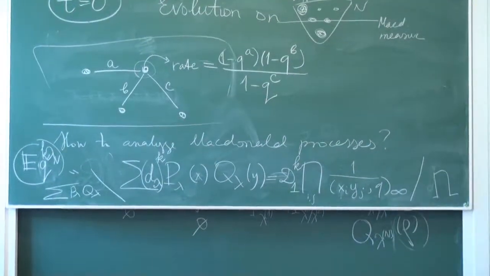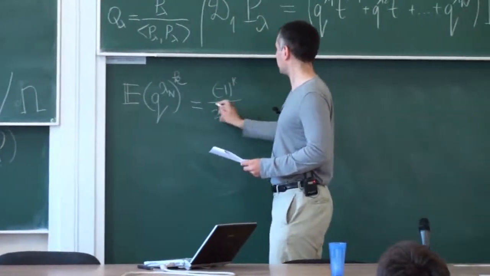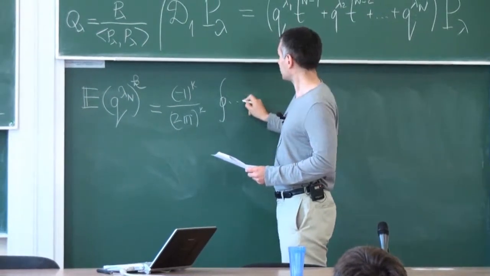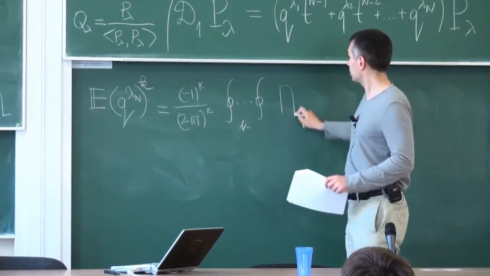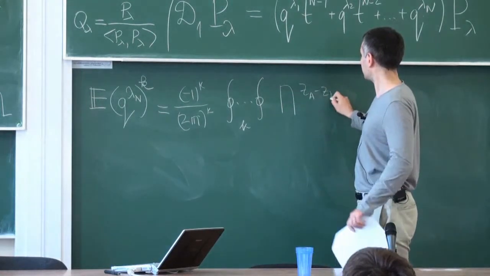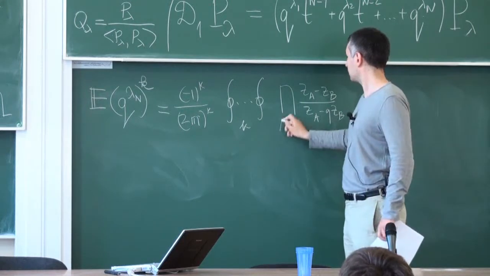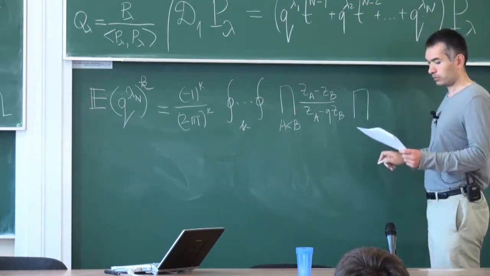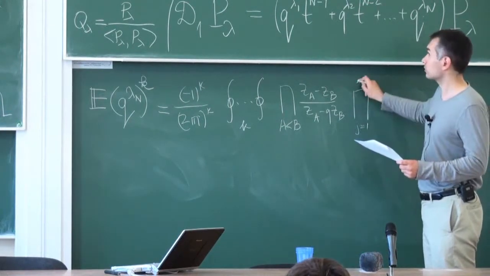So this is equal to (-1)^k over (2 pi i)^k, and then there is a k-fold contour integral, product over A less than B of (z_A minus z_B) over (z_A minus q z_B), product over j from 1 to k.